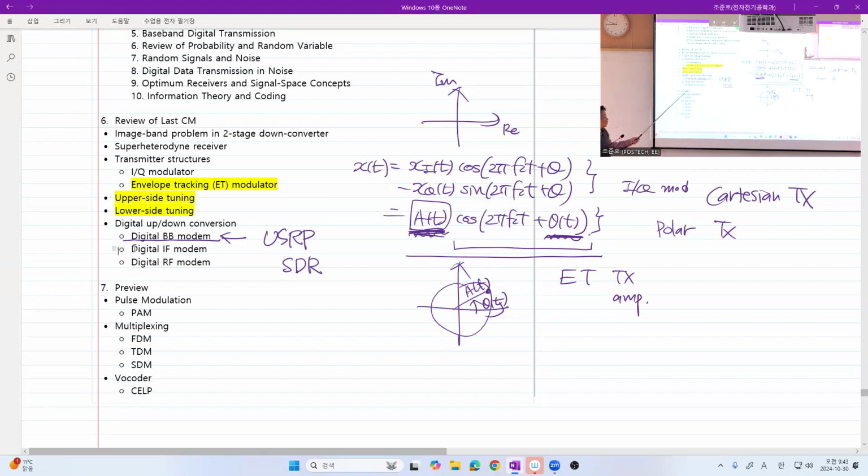Here goes the preview. We are going to wrap up chapter 3, and the target is the early stage of the wired telephony system. So in the early 20th century, as you know, Alexander Graham Bell and some others, nobody remembers the second inventor's name, invented the wireline telephone.